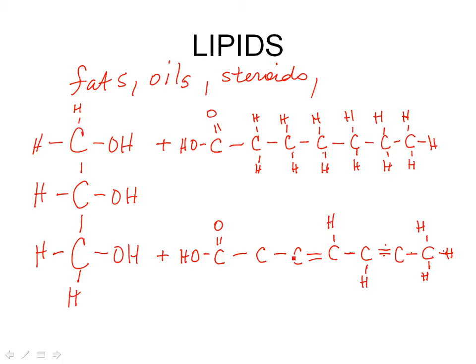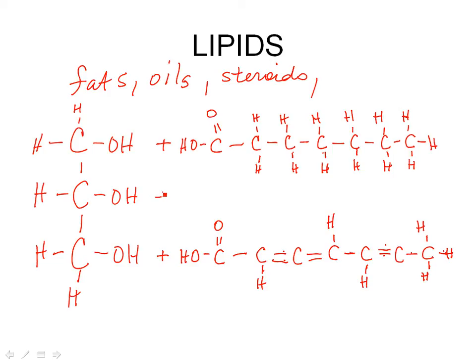And then we can go on down and we can add another double bond, which is going to make this carbon satisfied with 2, 4, 6, 8. And then the final one just needs one more hydrogen. 2, 4, 6, 8.